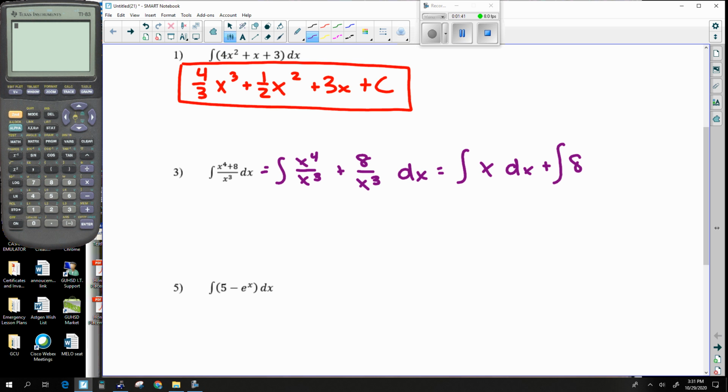Plus 8x to the negative 3. So I split that numerator, and now I can go to work. So this is x squared over 2. And this is x to the negative 2. Again, divide.